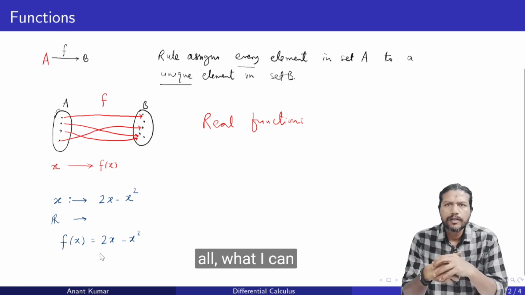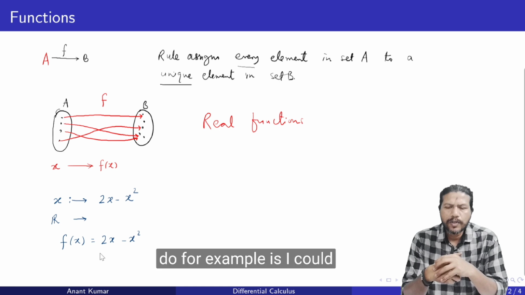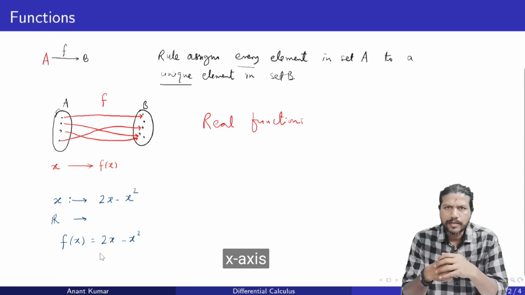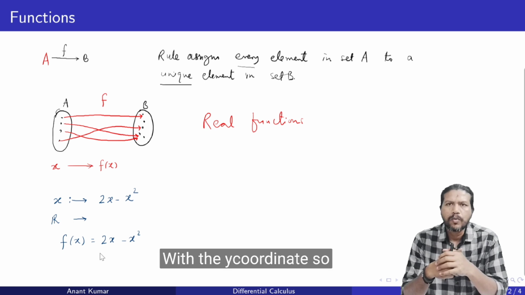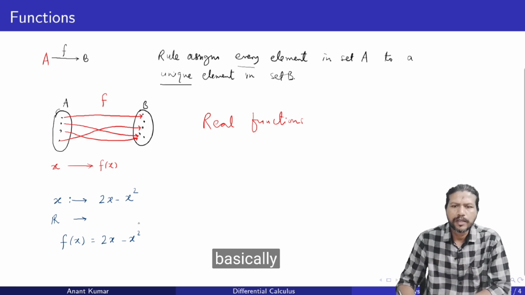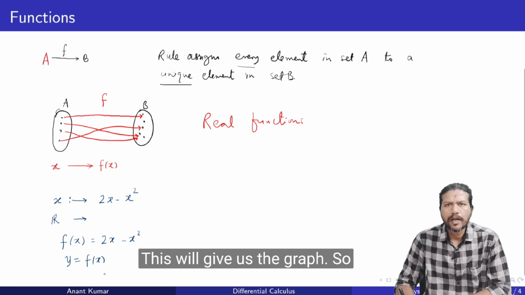First of all, I could take a series of values of x, mark them on the x-axis, and associate the value of the function at the corresponding point x with the y coordinate. So I could write down basically y as f(x). This will give us the graph.